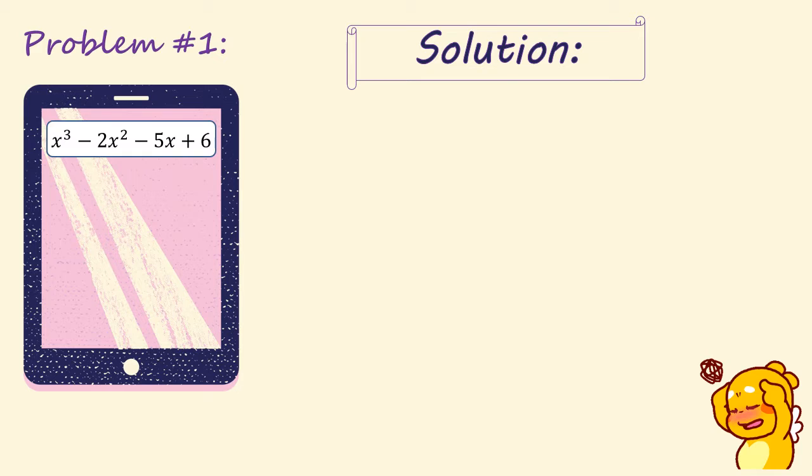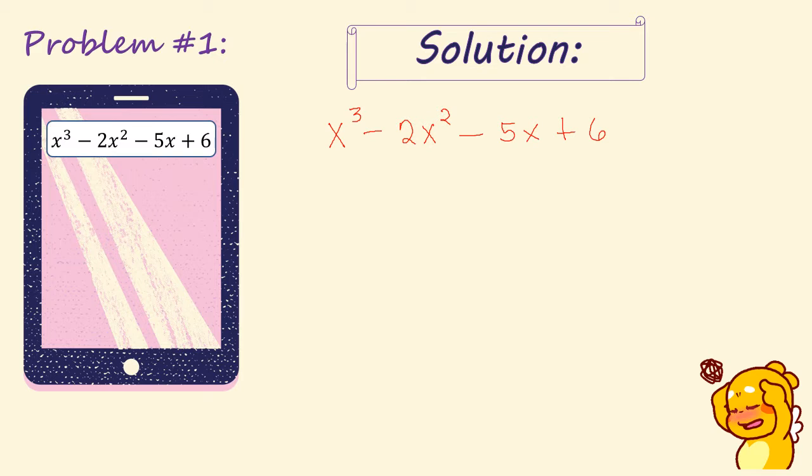For us to identify the variations of signs here, I'll just rewrite it first: x cubed minus 2x squared minus 5x plus 6. Let's consider the signs in each term of the given polynomial.